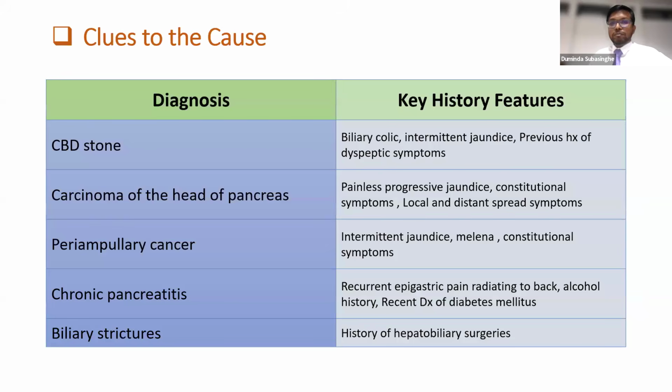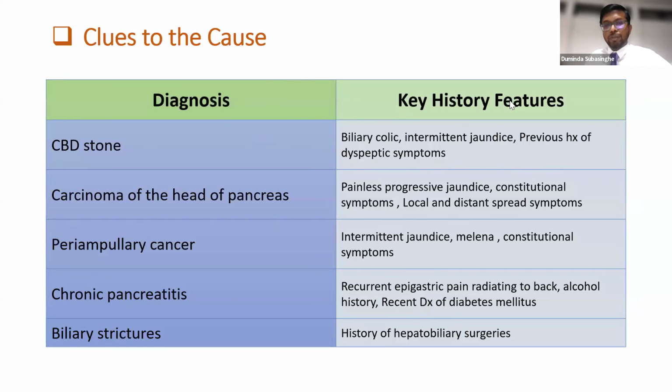With that, if you move further forward, I want to again highlight, if you have CBD stones, as I mentioned earlier, ask about the biliary colic, ask about previous dyspeptic symptoms. If you suspect a periampullary tumor or pancreatic head tumor, ask about the constitutional symptoms. Don't forget that. And also, I mentioned the bottom part of the bile duct which goes through the pancreatic head.